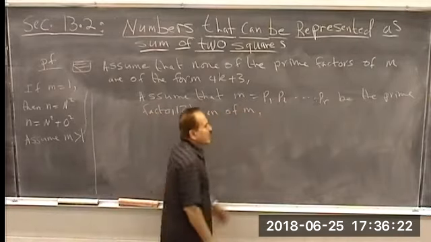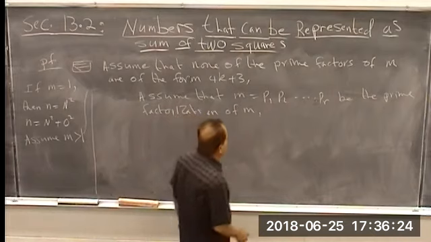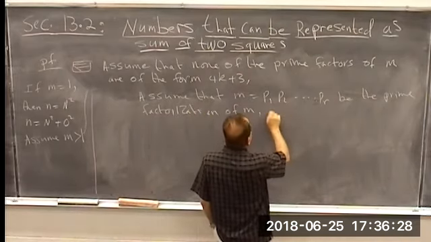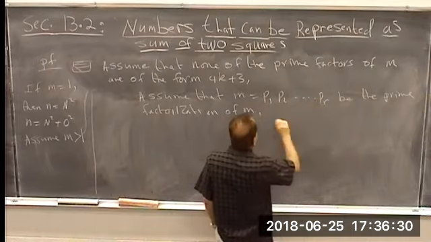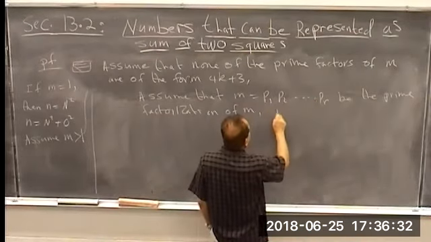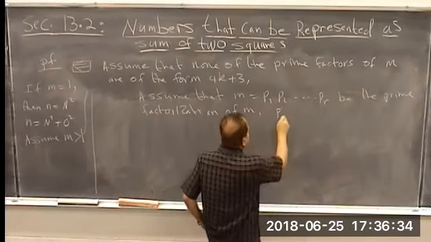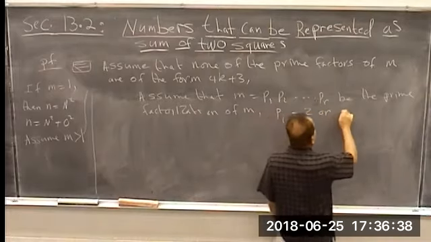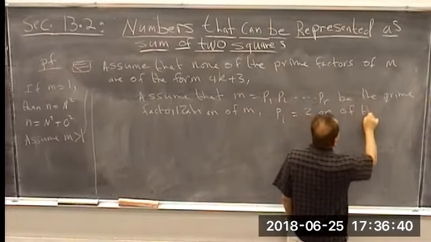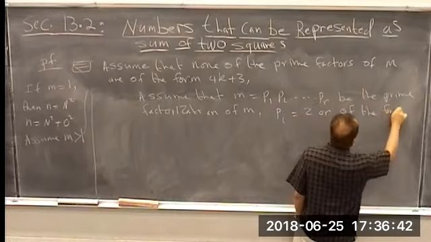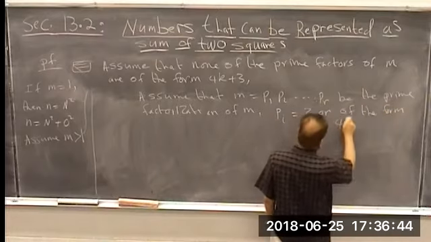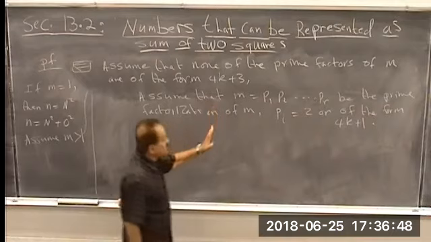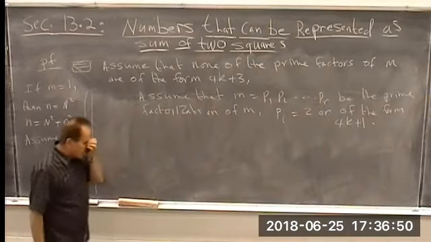Now we know all these primes are distinct, okay, and we have p_i is equal to 2 or of the form 4k plus 1, because they are not of the form 4k plus 3, so it's going to be either 2 or this.